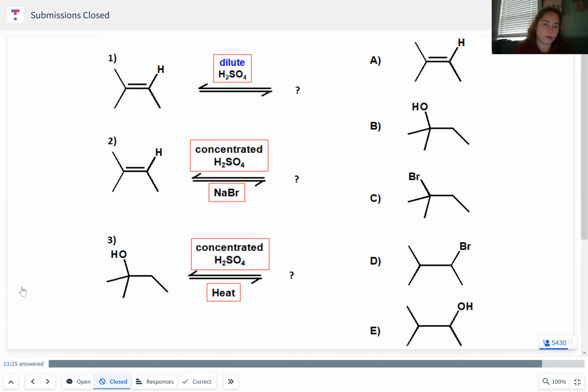And then number 3, we have a tertiary alcohol in concentrated sulfuric acid and heat. What does the heat tell us is likely happening? What type of reaction is favored by heat? Elimination. Right. So we know that we are forming what functional group? Alkene. Right. So at the very least, if you know that heat favors a double bond, that limits you to option A. So this is a dehydration.